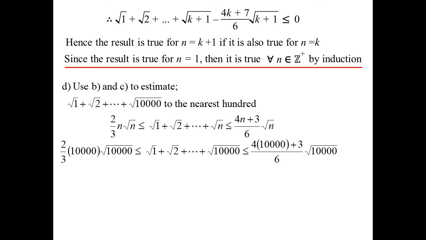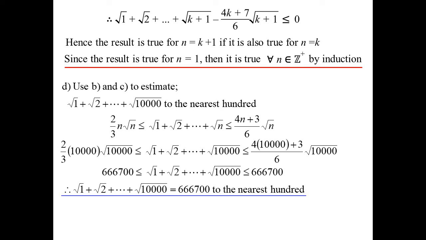So let's calculate out the two n bits, and to the nearest 100, they actually turn out to be the same. So if I am trapping this expression between 666,700 and 666,700, it's fair enough to conclude that that must be 666,700 to the nearest 100.